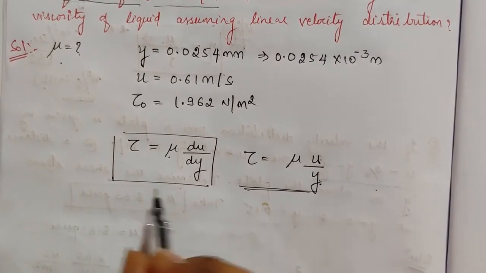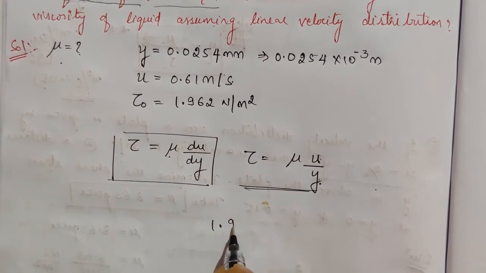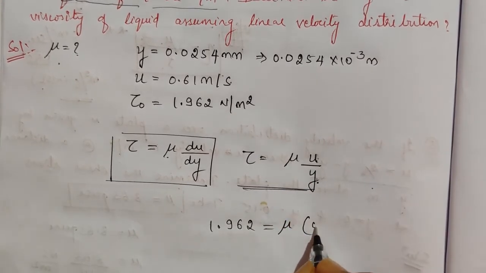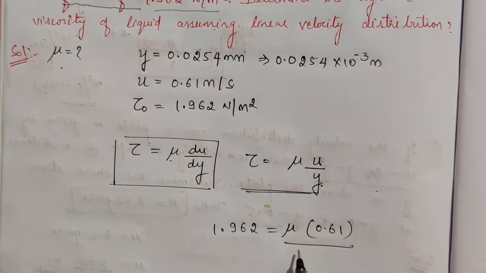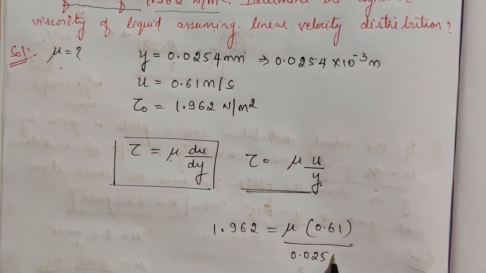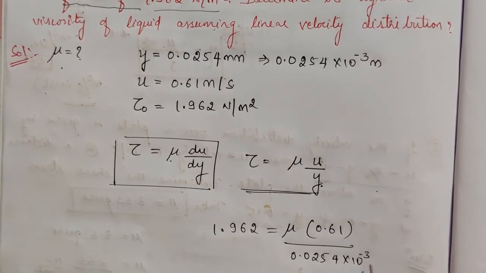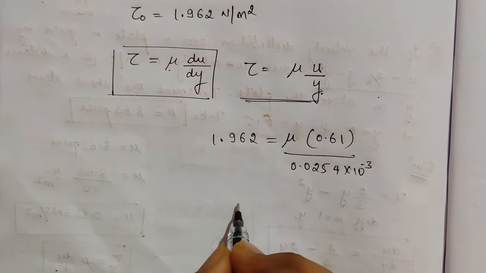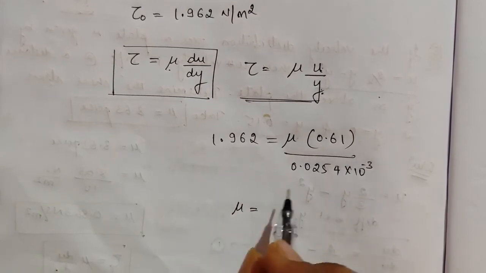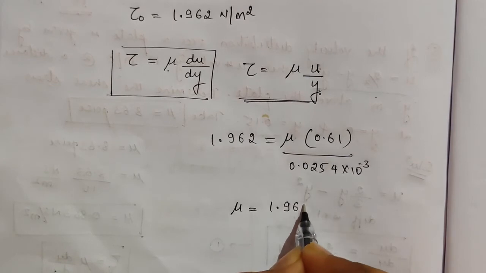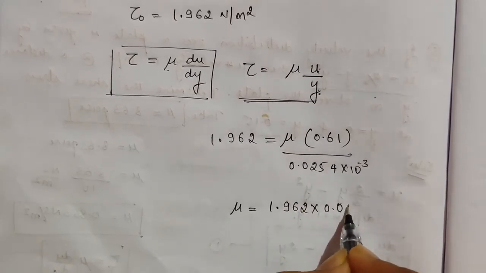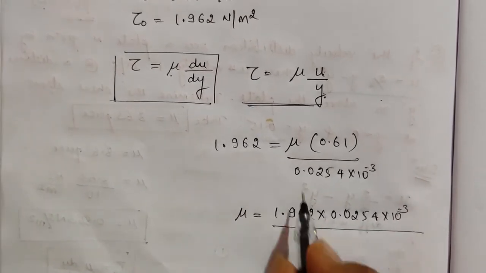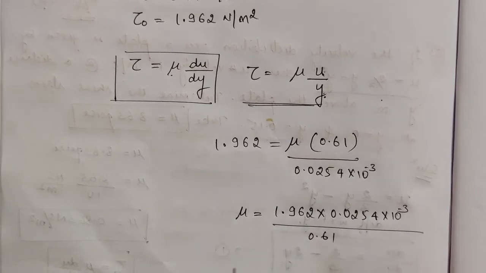So what is now we have to find? Tau they have given, 1.962 is equal to mu into u, which is 0.61, divided by y, which is 0.0254 into 10 power minus 3. What we need is this mu. So mu is equal to 1.962 into 0.0254 into 10 power minus 3, divided by 0.61.